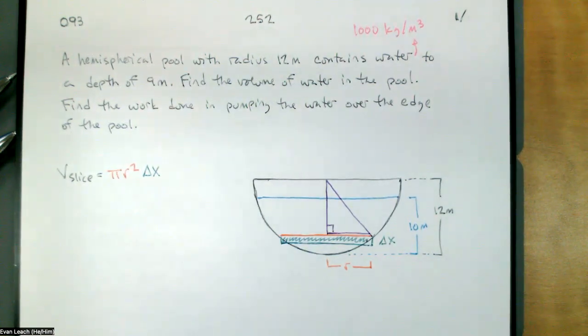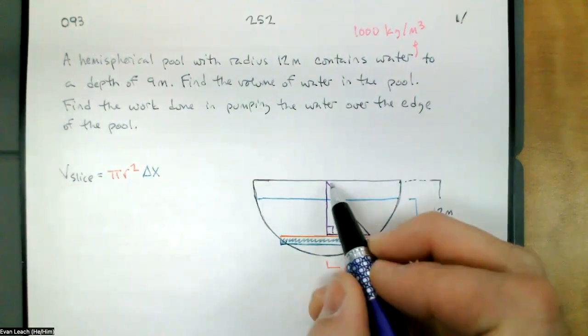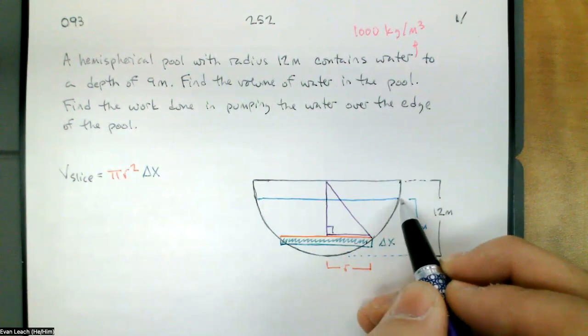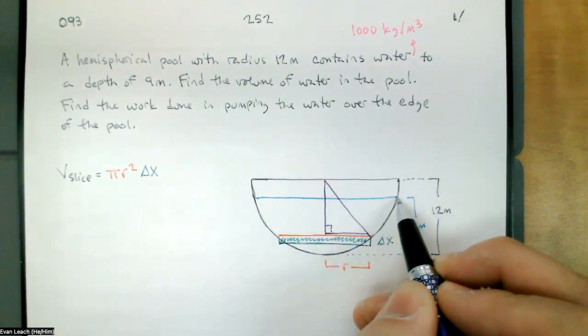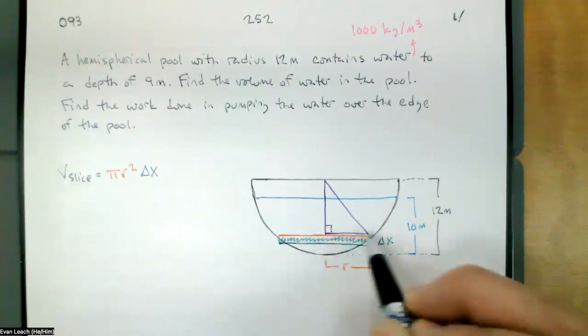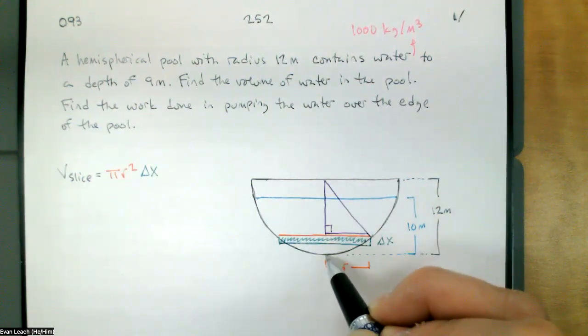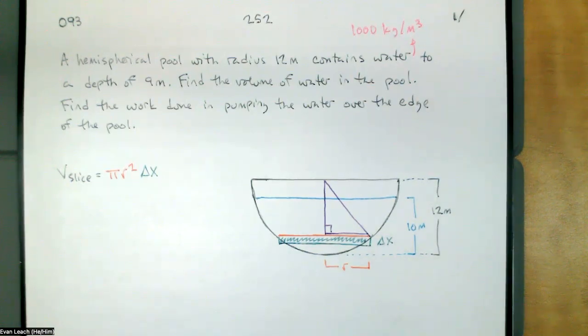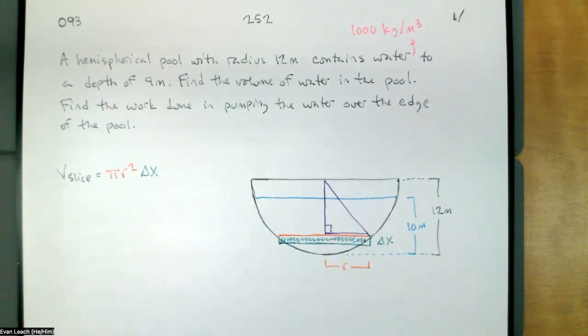So now we've got a right triangle with a constant hypotenuse of 12 meters. 12 meters here at the top of the bowl. Hypotenuse is 12 meters at the surface of the water. Hypotenuse is 12 meters at the generic slice I picked in, and hypotenuse is 12 meters when we're down here at the bottom without even a triangle to speak of.